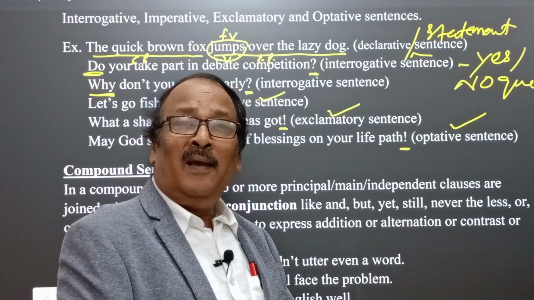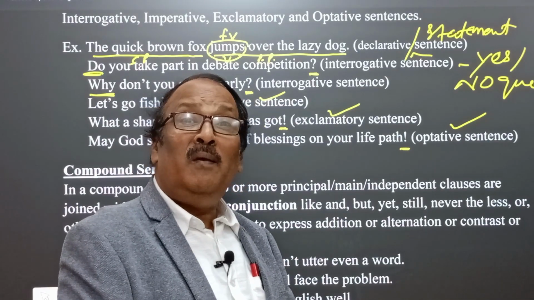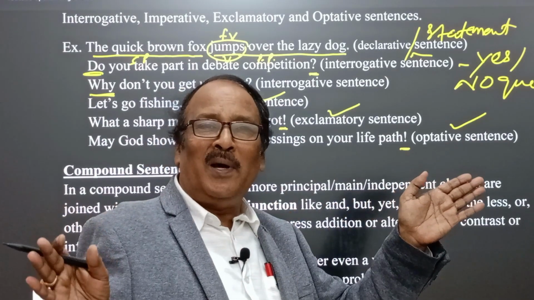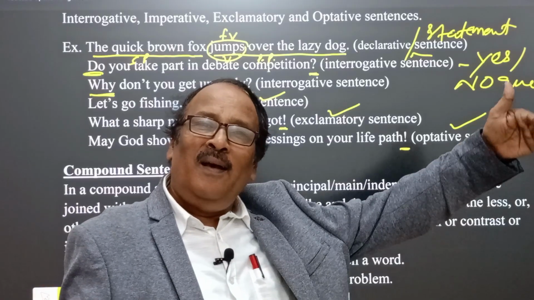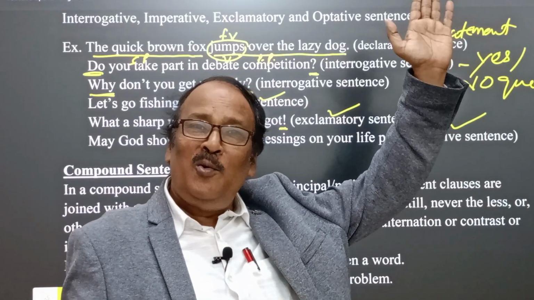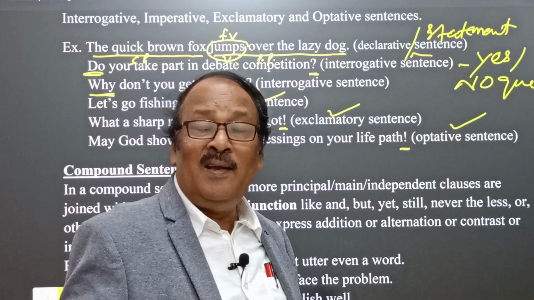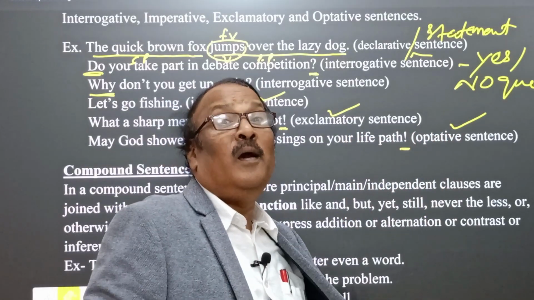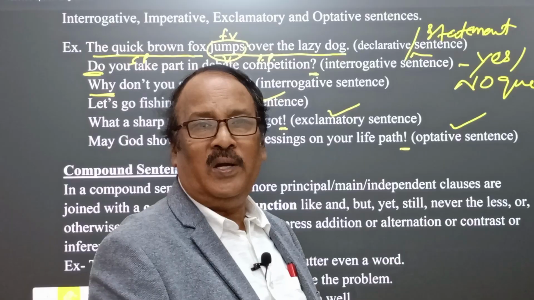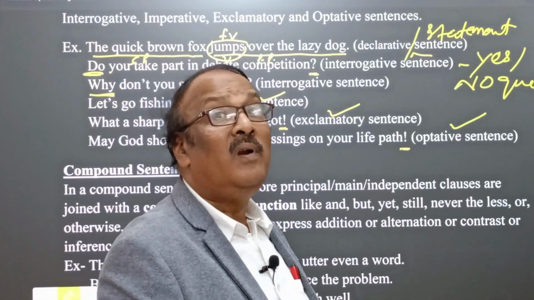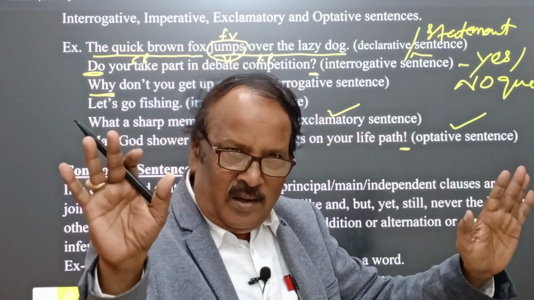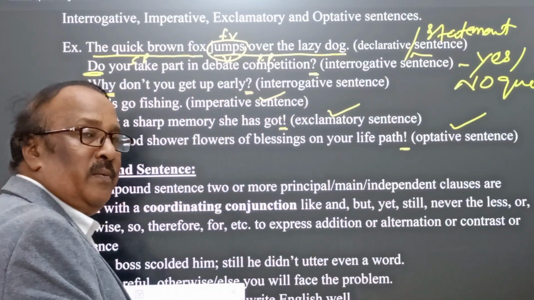It means your life path may be filled with flowers, and you may march till your last breath comfortably. This is a sort of wish or desire of someone for somebody. This is what we call an optative sentence.